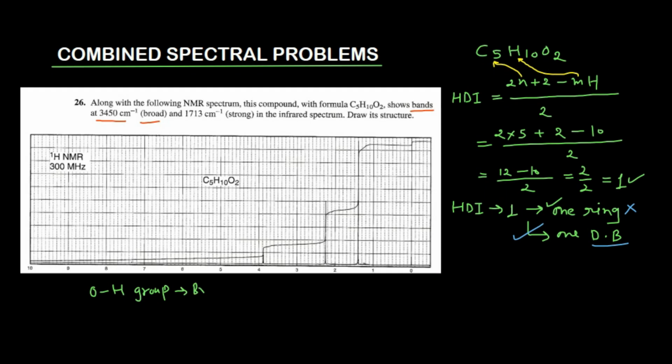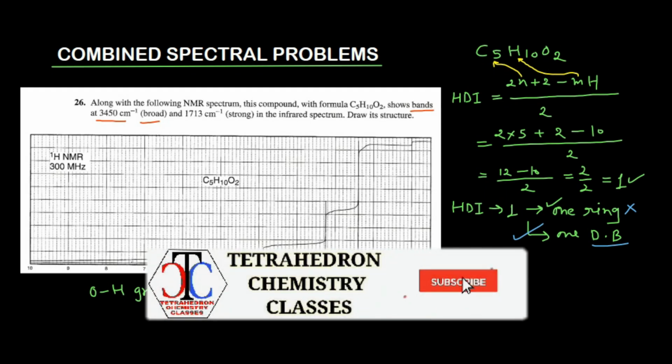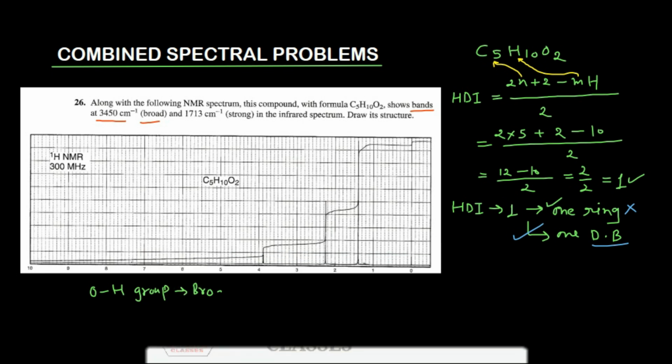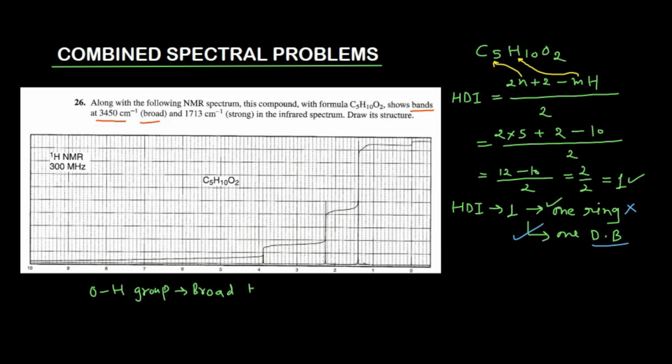Broad means hydrogen bonded. So I'll write broad, and hydrogen bonded. So hydrogen bonding is also there, because intermolecular hydrogen bonding distorts the shape of the band and makes it broader in nature. Okay, so this proves.